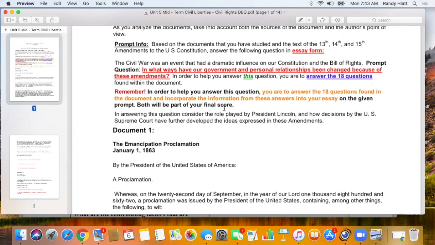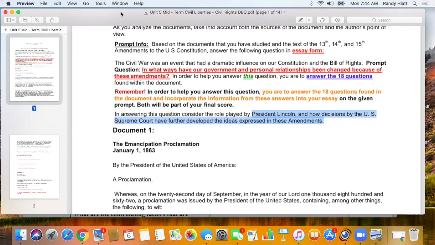Both will be part of your final score, meaning that we will score you on this document and your essay. So you do have to do both. In answering this question, consider the role played by President Lincoln and how decisions by the U.S. Supreme Courts have further developed the ideas expressed in these amendments.